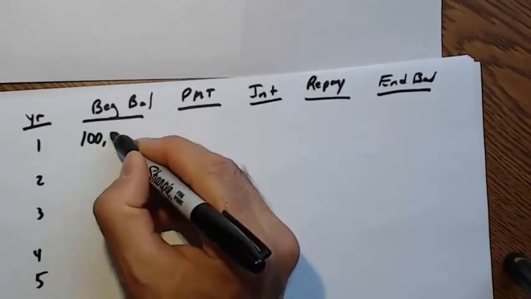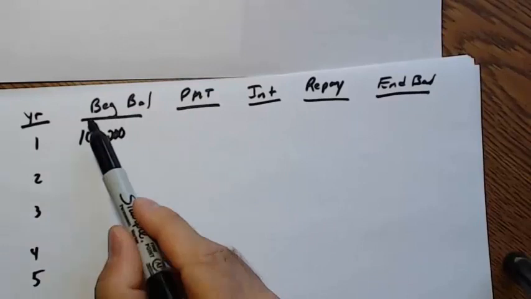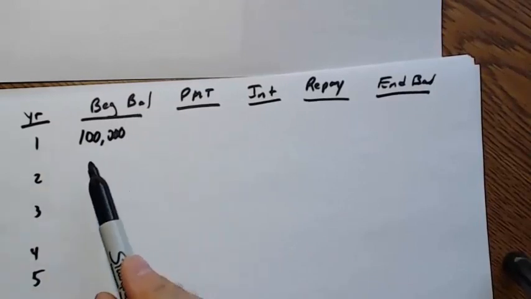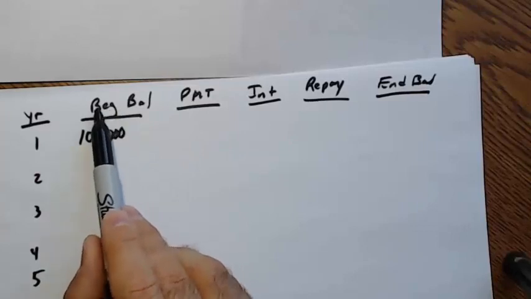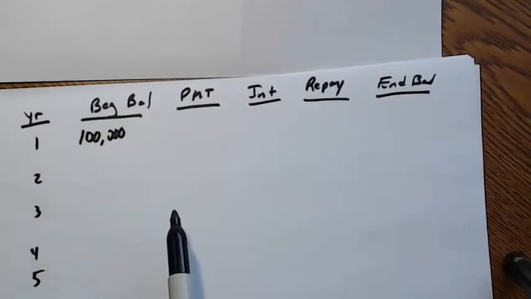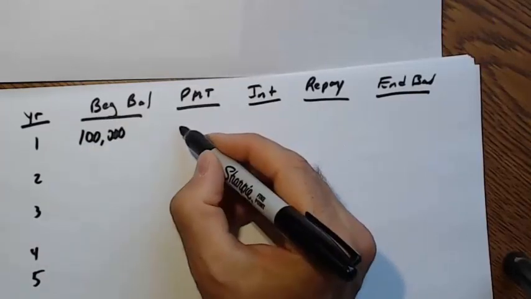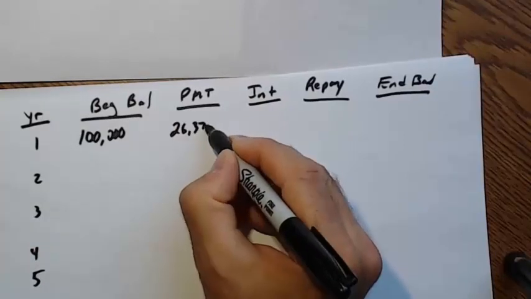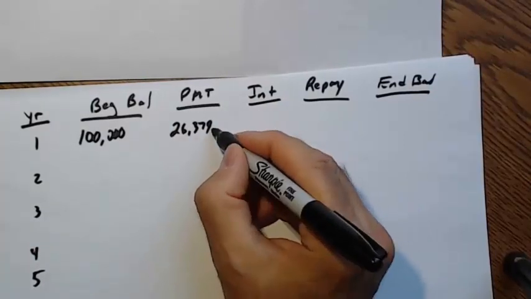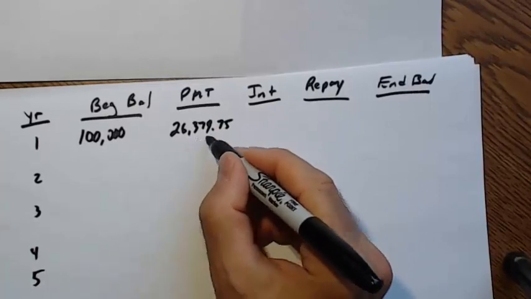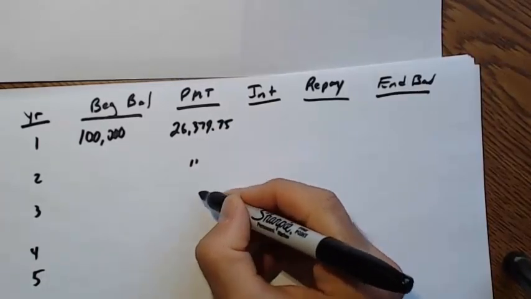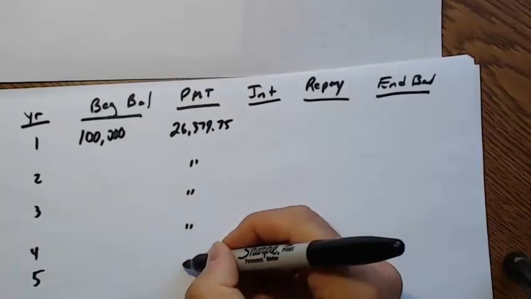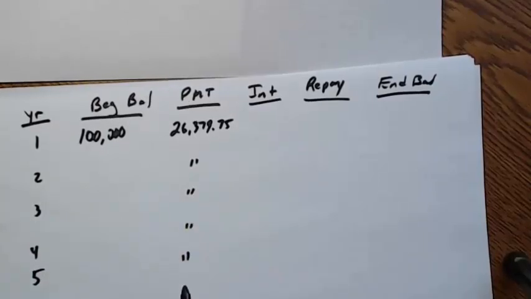The very first number that goes in is at the beginning of year 1. You can draw a timeline out if you want. At the beginning of year 1, the balance is $100,000. That's the present value. And we just computed the payments: $26,379.75 for year 1, year 2, year 3, year 4, and year 5. We just calculated that.